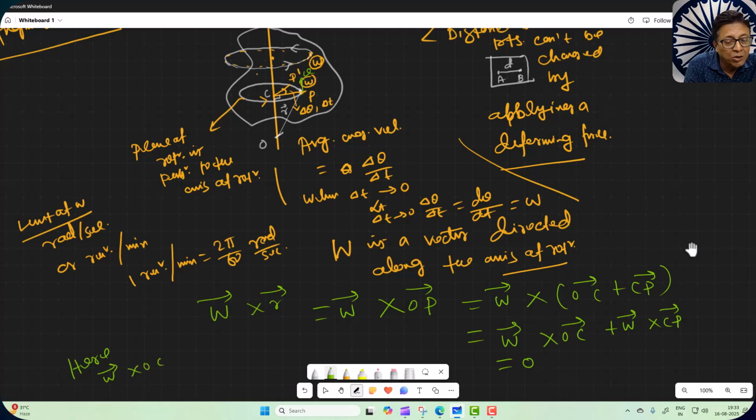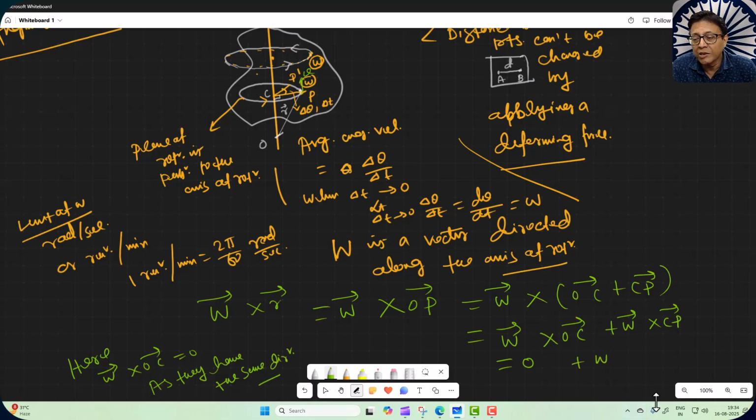Omega cross OC equal to 0 as they have the same direction.